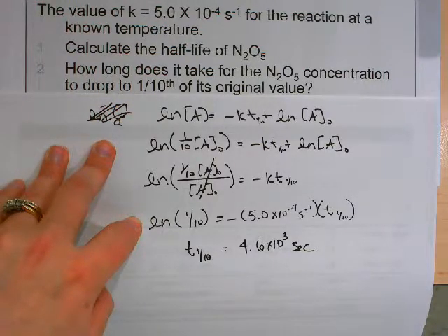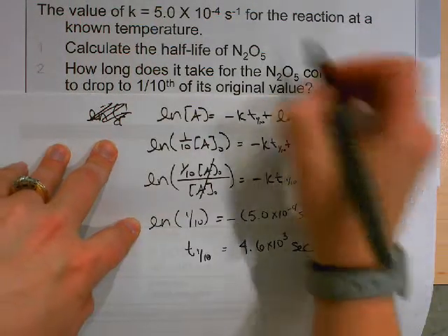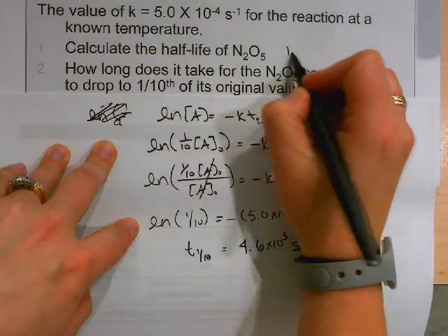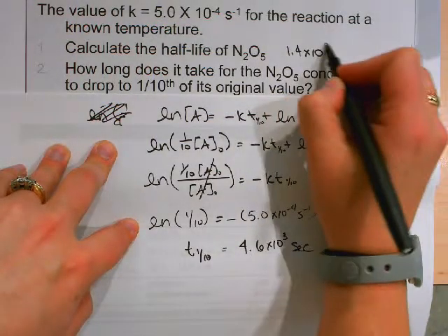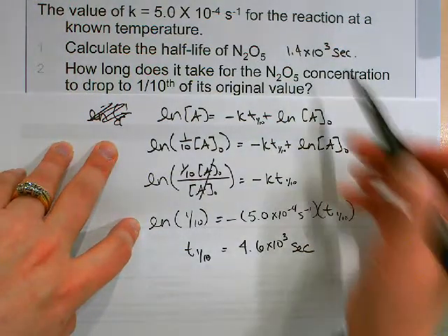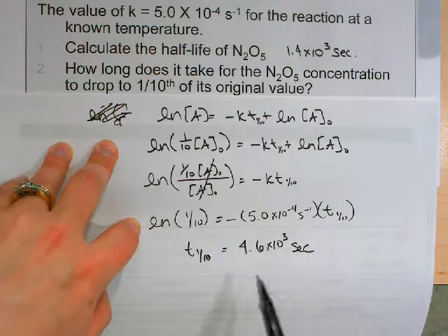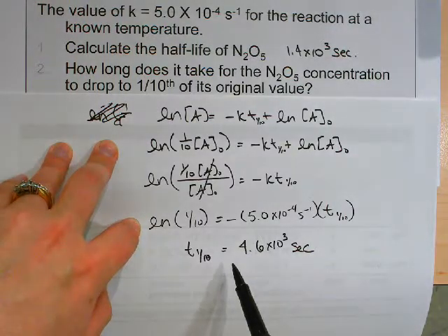Alright, so then let's think about if that makes sense. So the half-life was, what was that, 1.4 and 1/3 seconds. Right, so that's for 50% of it to disappear. Did it take more or less time to get down to just a tenth of it?